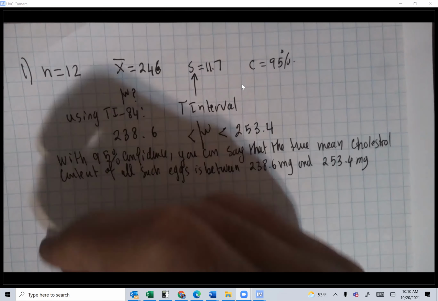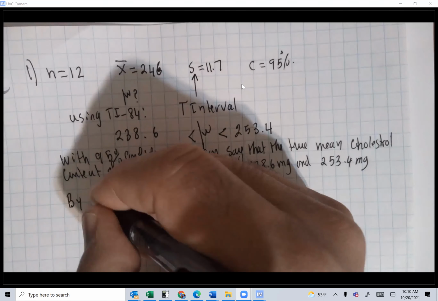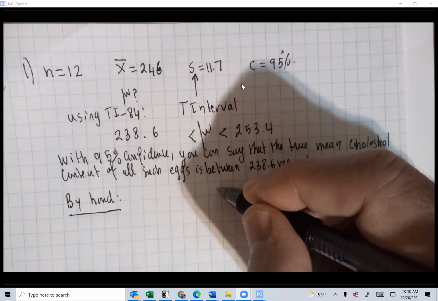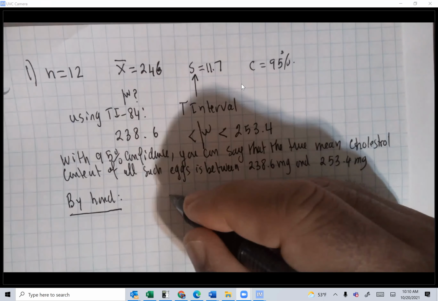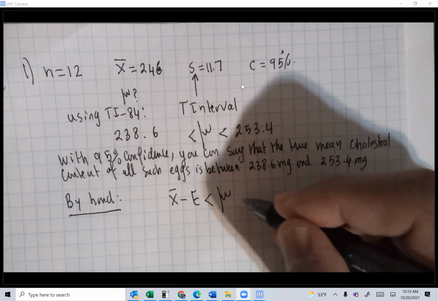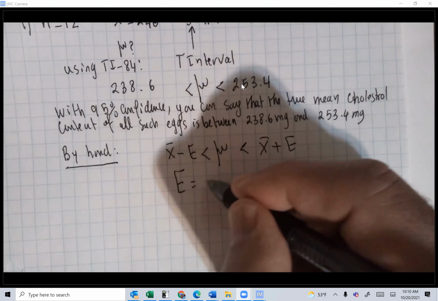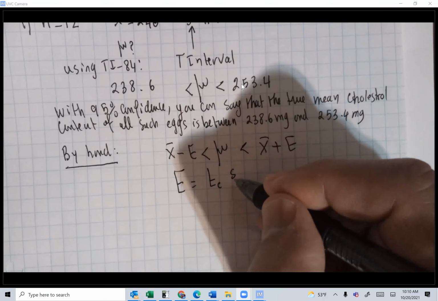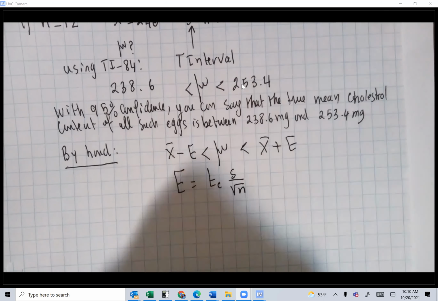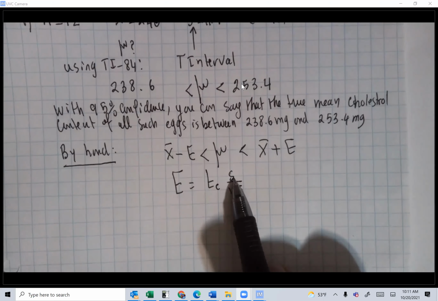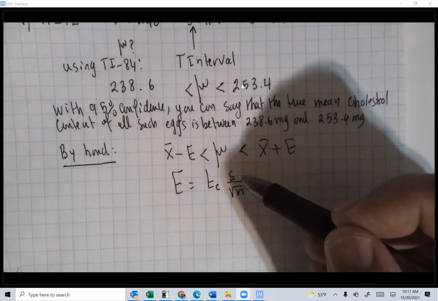Now, how do we do this one by hand? You put mean is between X bar minus E and X bar plus E. And you should have the formula for E, which is t_c times S over square root of N. That's the formula for E. S is the sample standard deviation, that's given, guys.